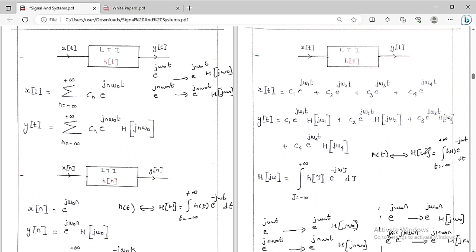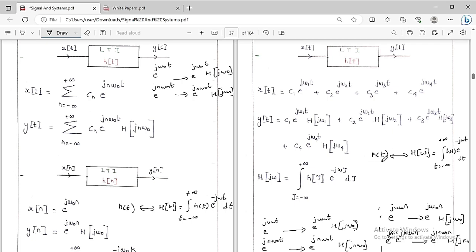Some textbooks use H of omega, or some use H of j omega, which is equal to the integration from tau equal to minus infinity to plus infinity of h of tau into e to the power of minus j omega tau into d tau. In place of t I substituted tau, and sometimes they will write H of j omega or H of omega. It is a standard notation, you can use anything. So this is the Fourier transform of the impulse response.